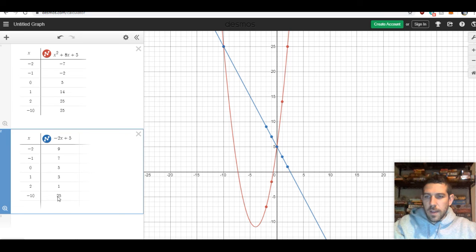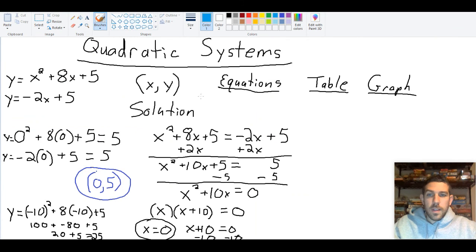And the same happens here at 0, 5. They match on the table. So we can look at the table, we can look at the graph, and we can look at the equation. So we have 3 different ways to solve these quadratic systems.